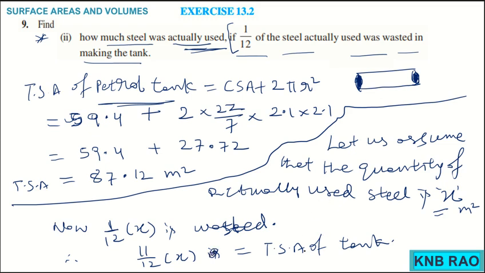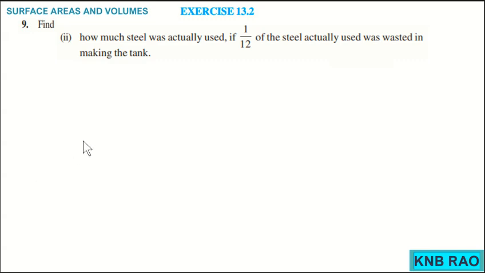Okay, let us solve in the next slide. Thus, here we have got 11 by 12 time of X is equals to 87.12 meter square. Now, this 11 by 12 is multiplying. If it comes this side, it does division. I mean, it reciprocates and multiplies.